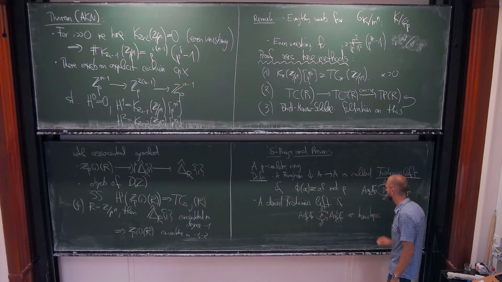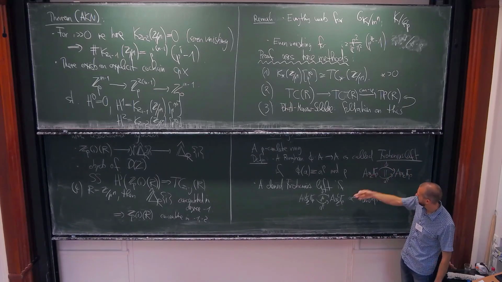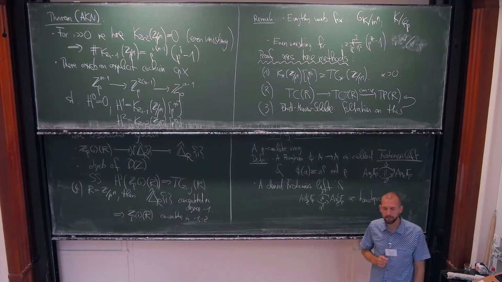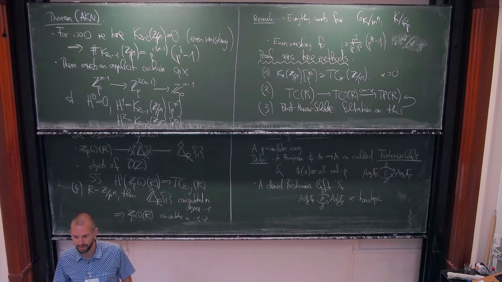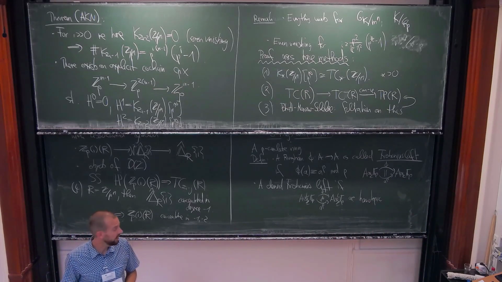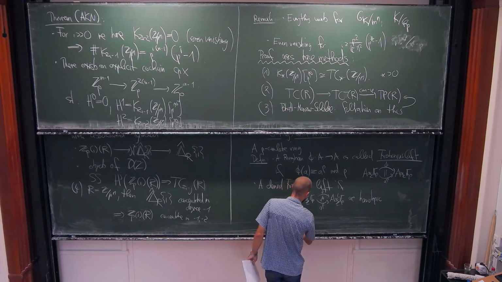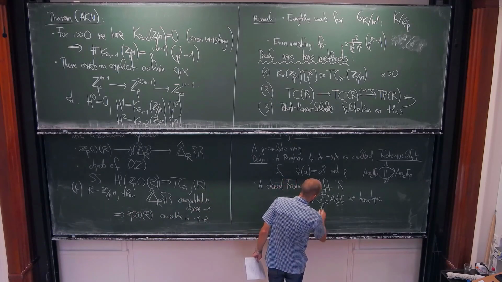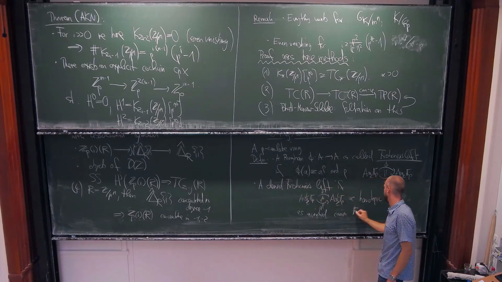Now I have to say homotopic as what? Because this derived tensor product is a priori a chain complex, but it's more than that. It's actually an animated commutative F_p-algebra, a.k.a. a simplicial commutative F_p-algebra. And I want them to be homotopic as animated commutative F_p-algebras.